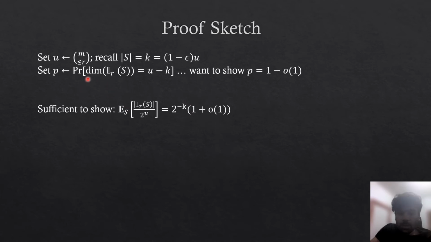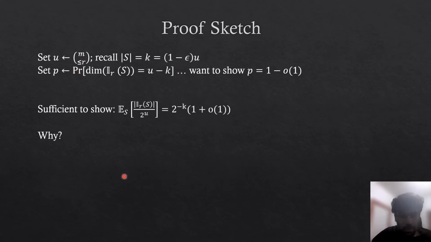Because this is what you would expect, right? If this were the event which was happening most of the time, you would expect the size of IRS to be 2 power u minus k, and hence its fractional size is 2 power minus k. What we show is that in expectation this quantity is indeed very close to 2 power minus k, right? And this is sufficient to show that this probability is 1 minus little o(1).